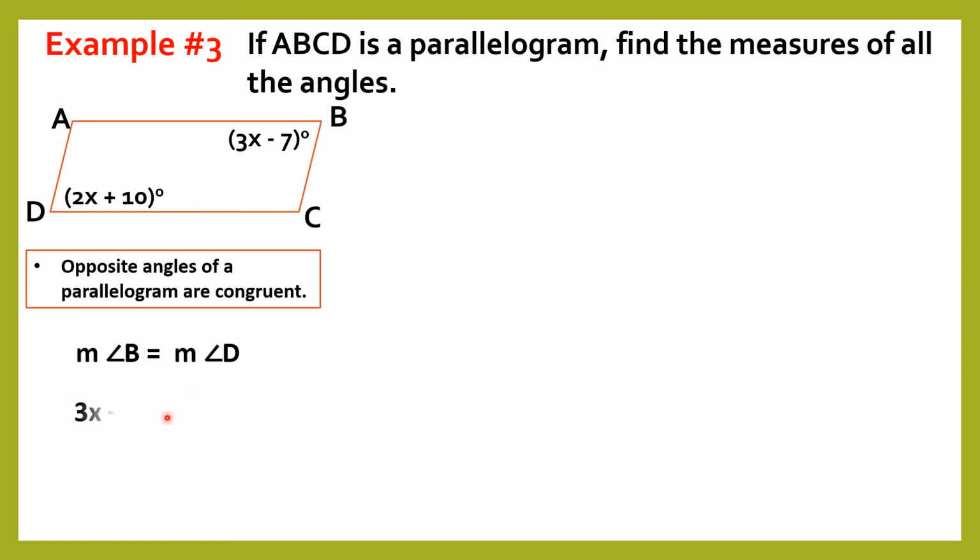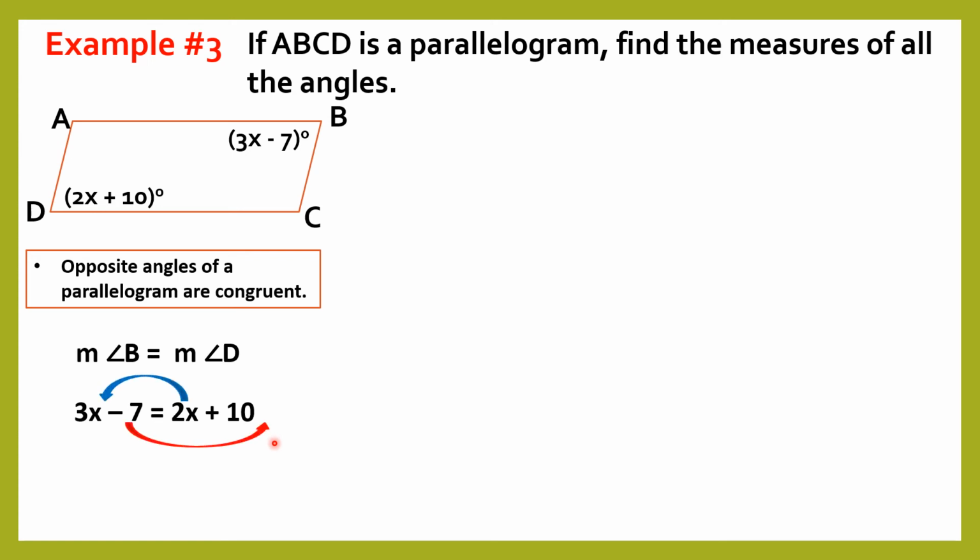So, by substitution, for angle B, we will have 3x minus 7 is equal to the measure of angle D, which is 2x plus 10. And then, we need to combine similar terms. So, 2x, let's move it to the left side beside 3x because they are similar. And then, the minus 7 beside 10 because they are similar terms.